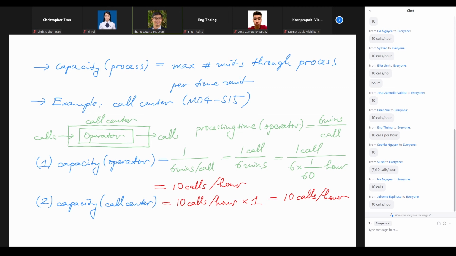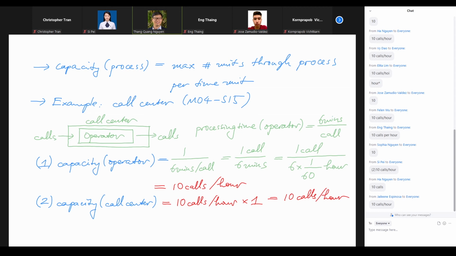They just ask a straight question. Okay, but then in this question, it seems like the two values are equal, the capacity of the operator and the capacity of the call center. The values are equal, and sometimes the equality can hide the difference between the two concepts.